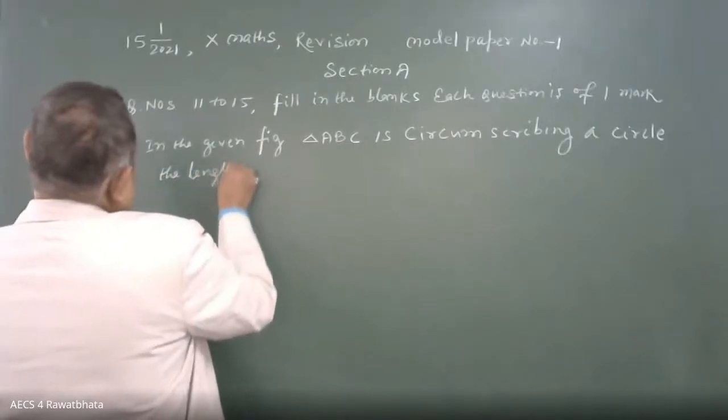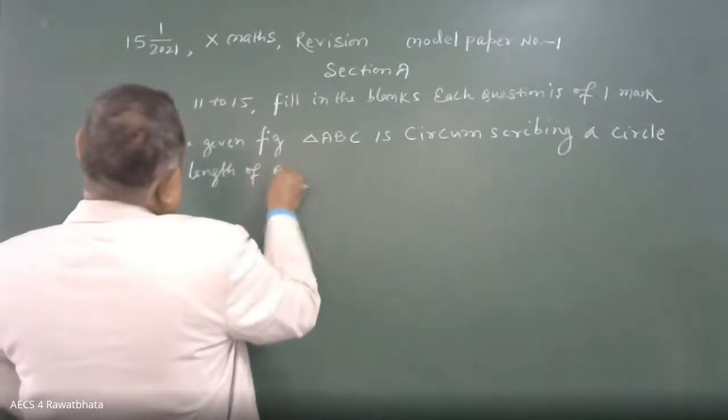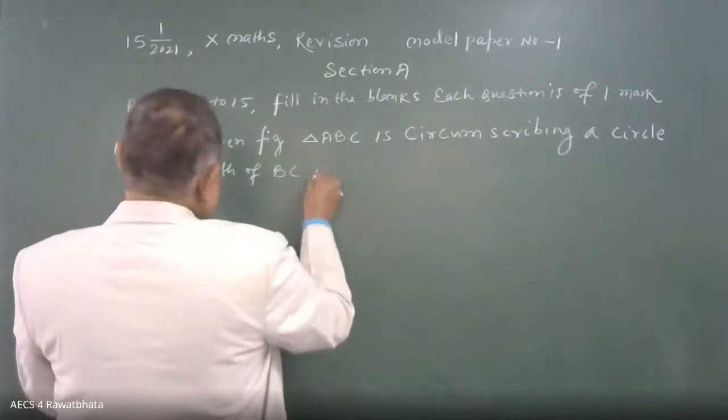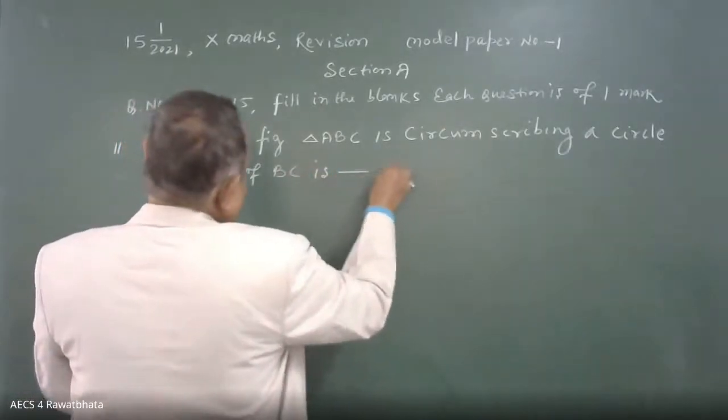This is the figure. This is a circle and triangle ABC.